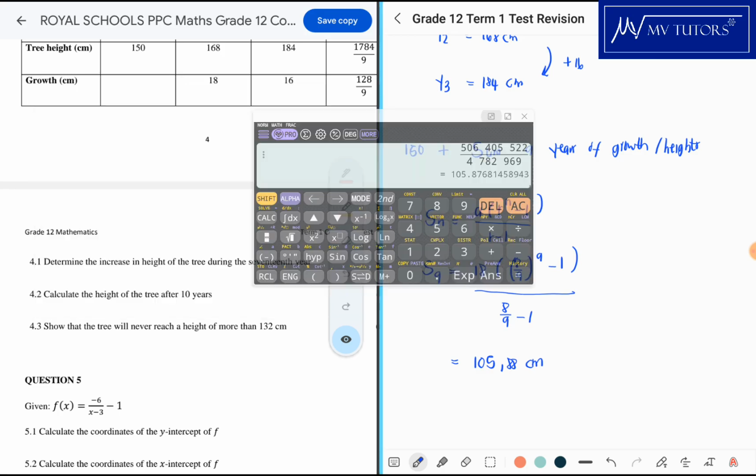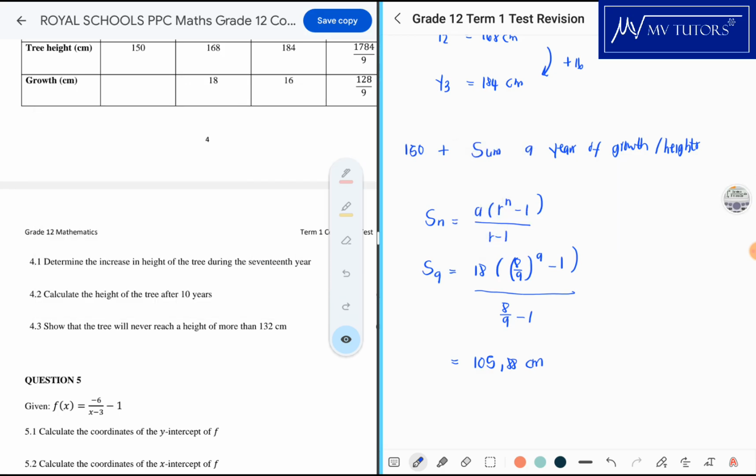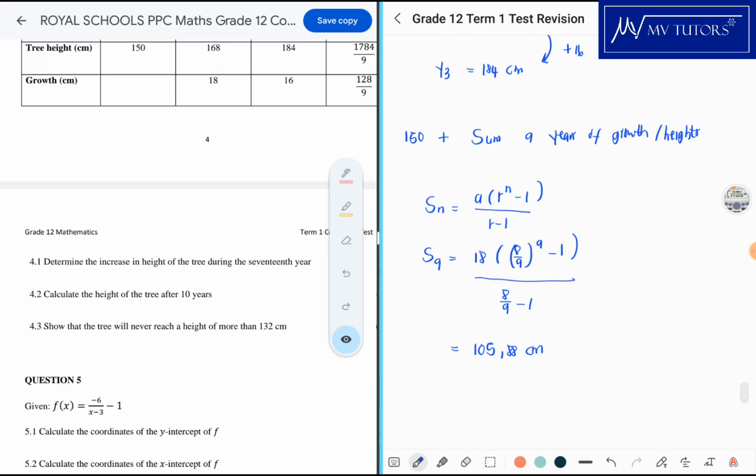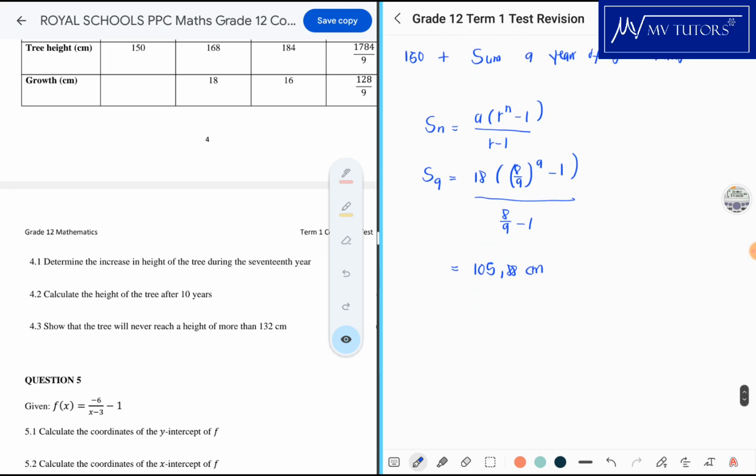They didn't ask for the height or the growth over 10 years. They asked for the height of the tree after 10 years. So the tree height is basically that 150 centimeters for the first year plus the growth that it has done over 9 years.